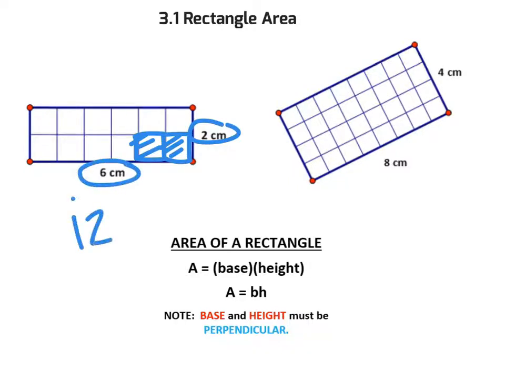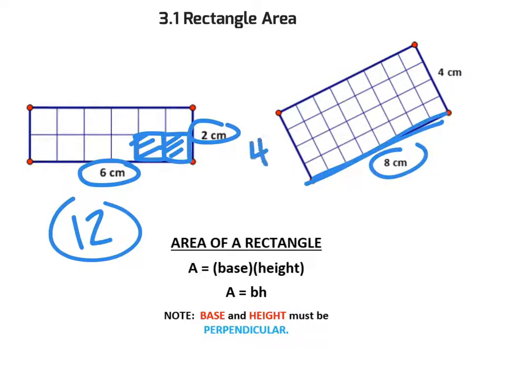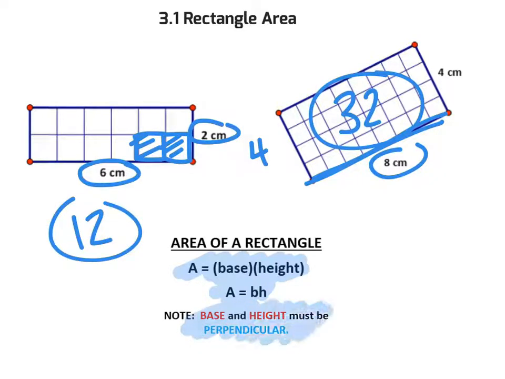It's a simple multiplication. Here we have 8 going this way by 4 going this way, gives us 32 overall. So our formula becomes something very simple. It's just base times height or length times width. And this works out nicely because of that perpendicular relationship.